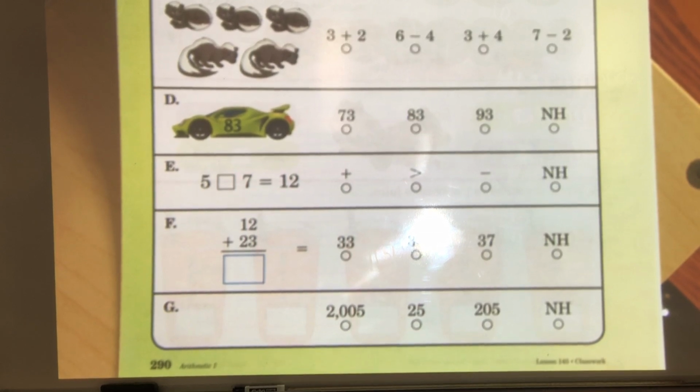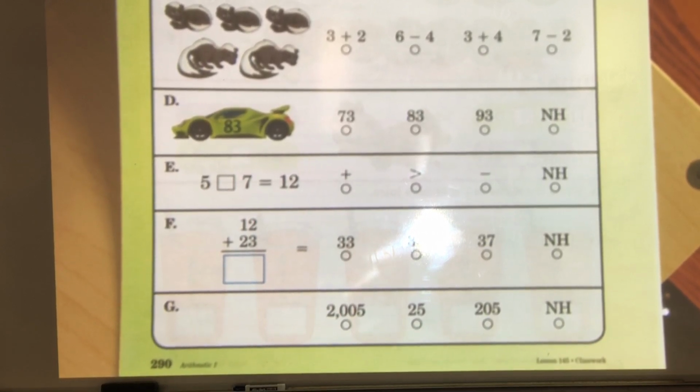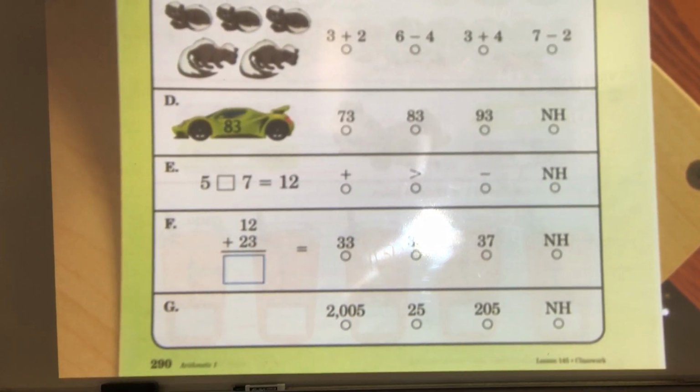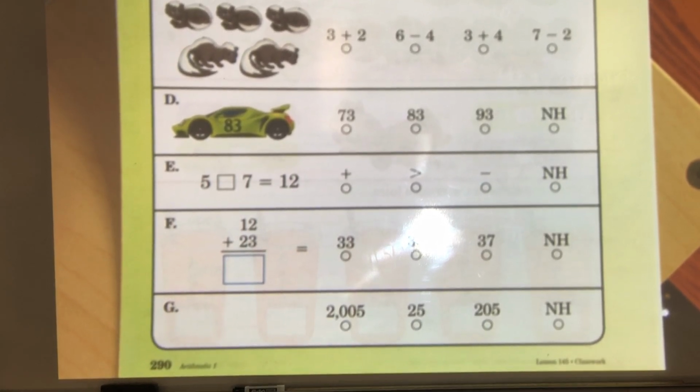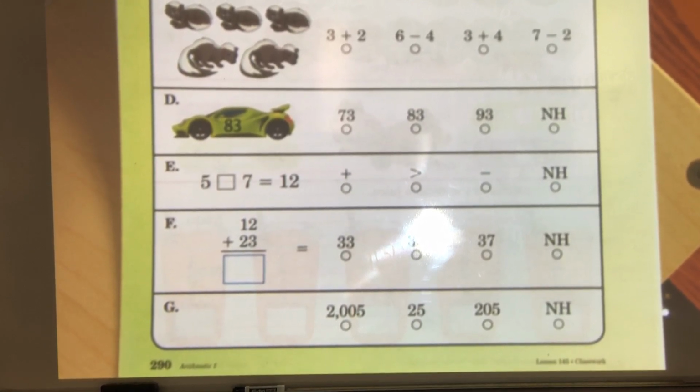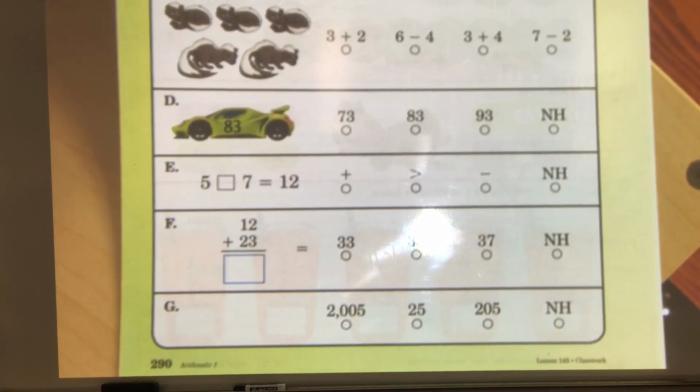If you cannot find the answer, mark under the space an NH for not here. Look at row G. Mark under the space that says 205. If you cannot find the answer, mark under the space an NH for not here.